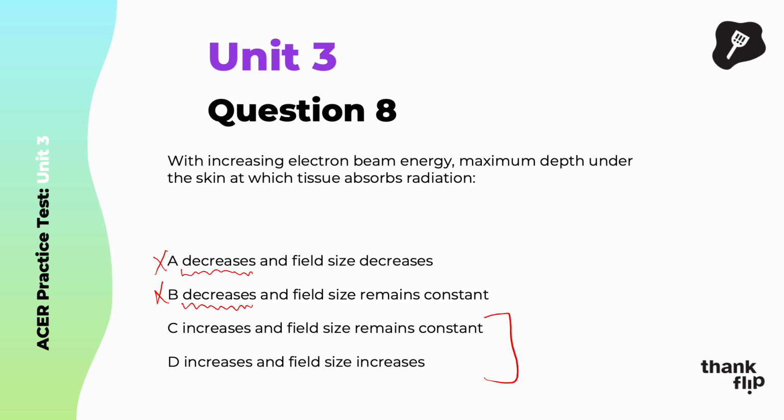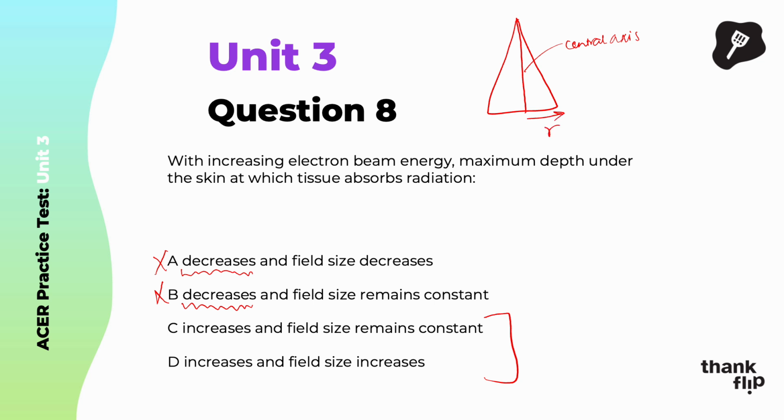Then we need to look at the field size. And the field size is shown in figures 3 and figure 4 because it's saying what the distance from the central axis is. So again, we have to go back to, where did we see central axis? We saw it in this figure. So this is the central axis. And the distance from the central axis is basically going to be the radius, okay?